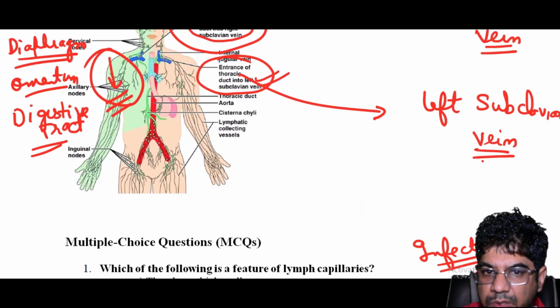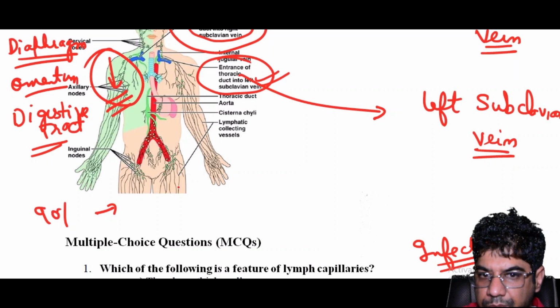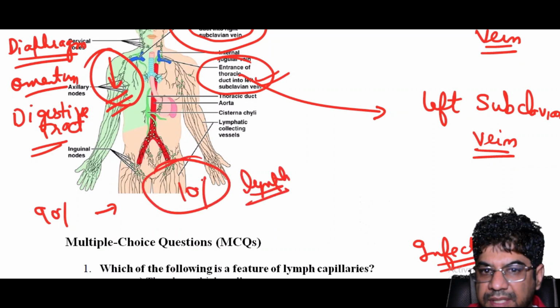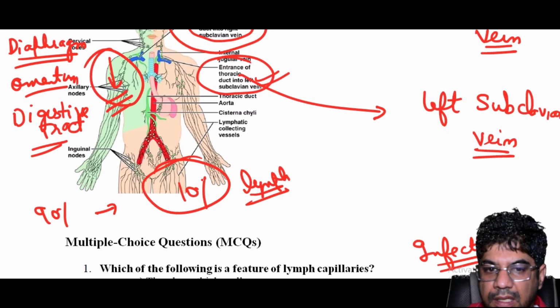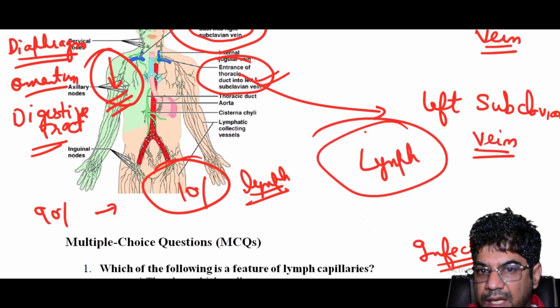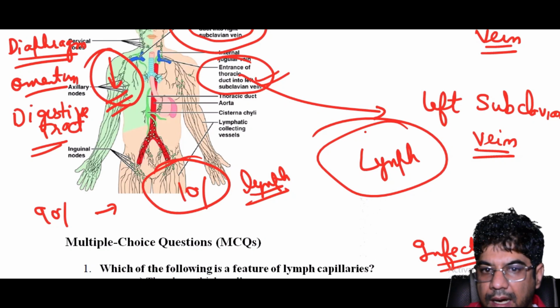When blood passes through the blood capillaries in the tissue, 90% of the fluid re-enters the blood capillaries. 10% of the fluid enters the lymph capillaries, which are more permeable than the blood capillaries. So this fluid becomes lymph, and it has a composition similar to the interstitial fluid, including the protein content.